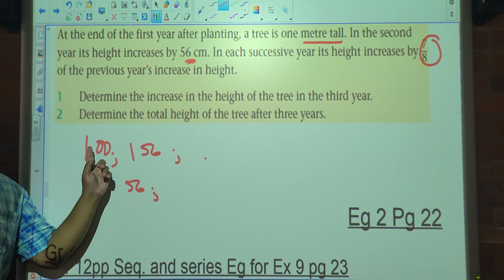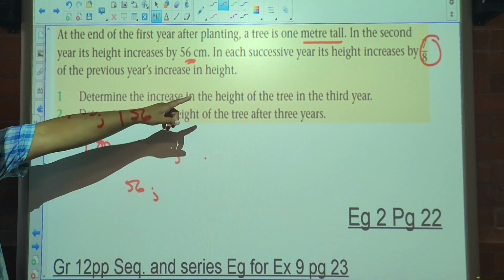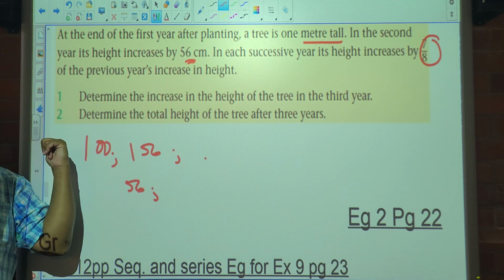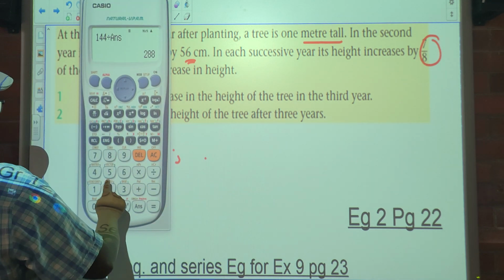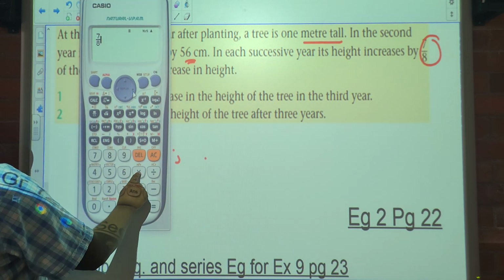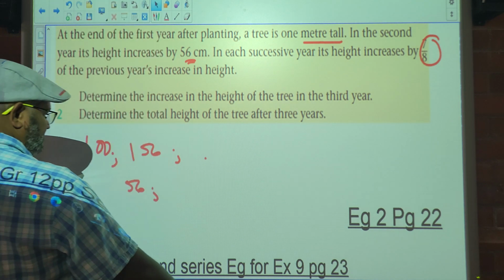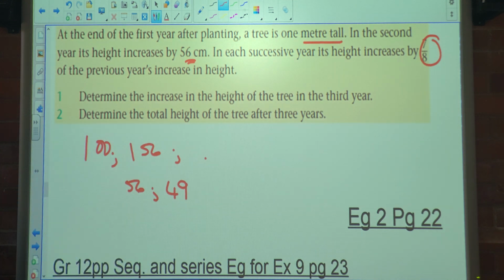It is not from the 100 or from the 156. No. It is from the previous year's increase in height.